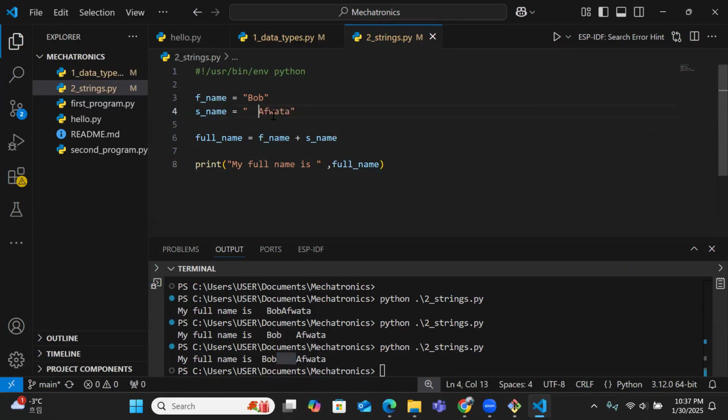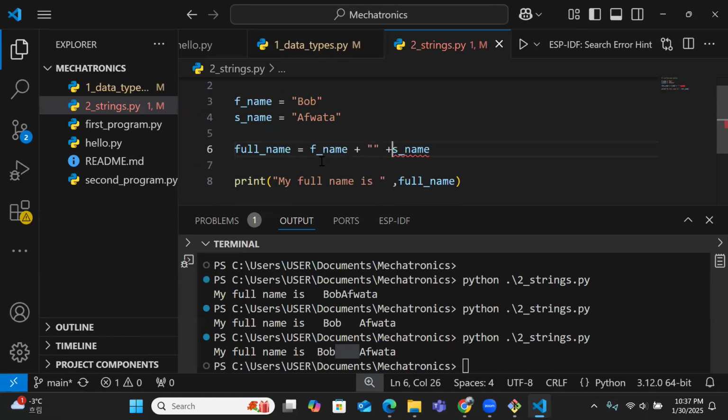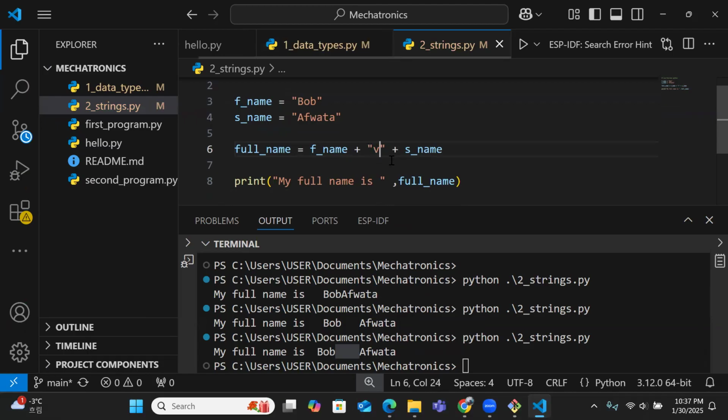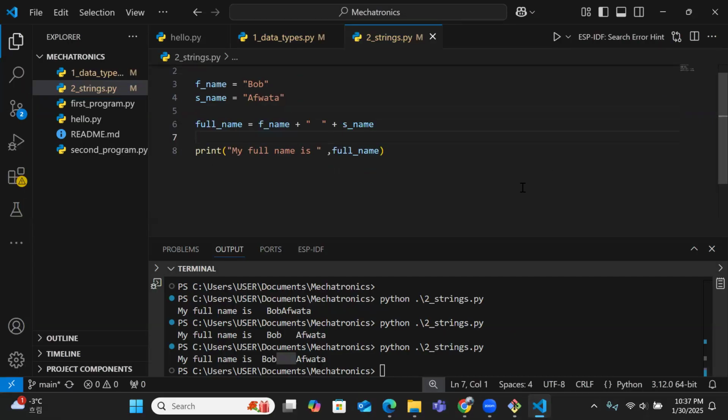So normally the right way to do it is you add it there. First name plus second name, like that. Okay? One minute, I'm printing it. I haven't yet done it.